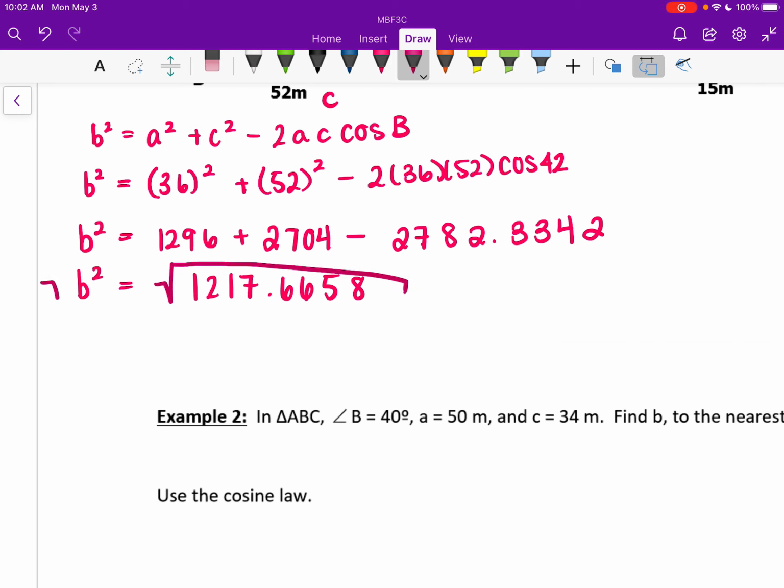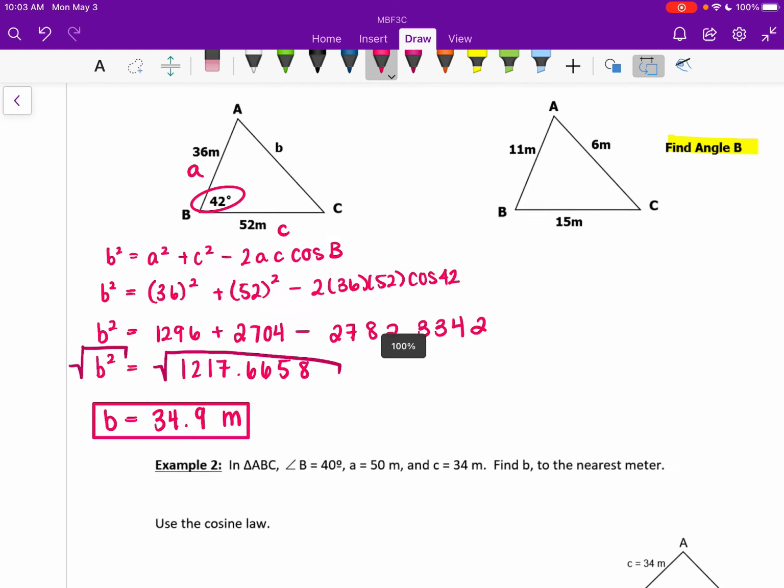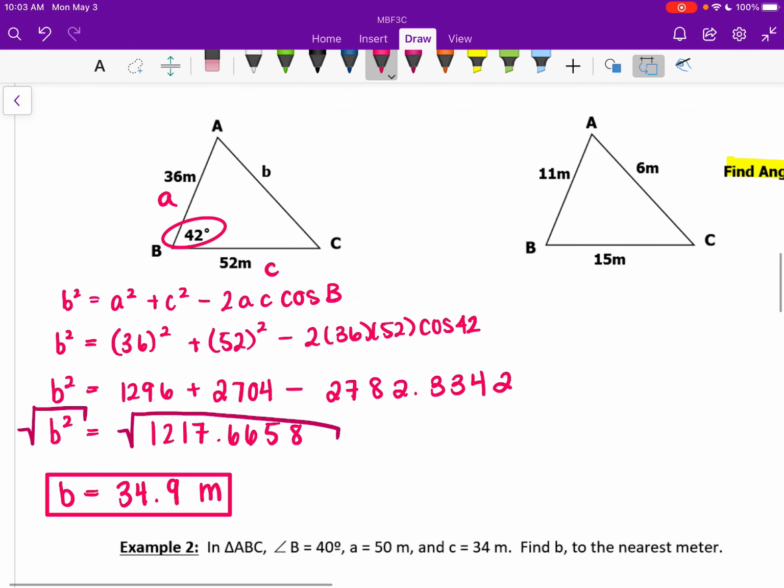Now I'm going to square root both sides to get that B by itself, so I'm left with B is equal to 34.89, and I'm going to leave it at 34.9. And it's meters. So my answer here is going to be, this side is 34.9 meters.